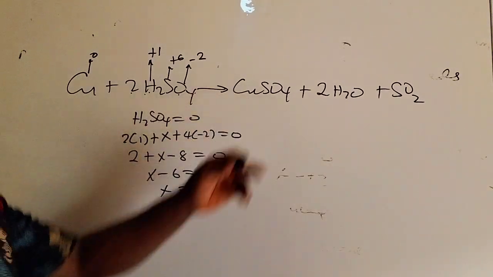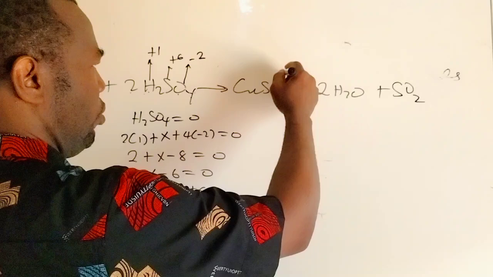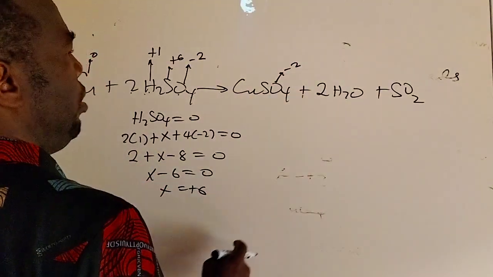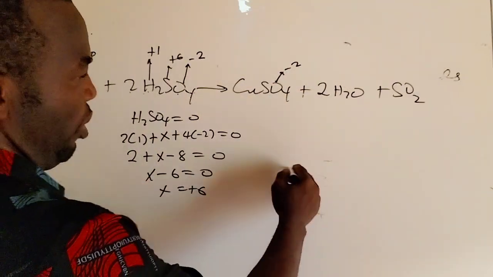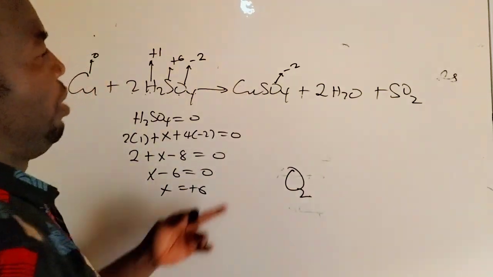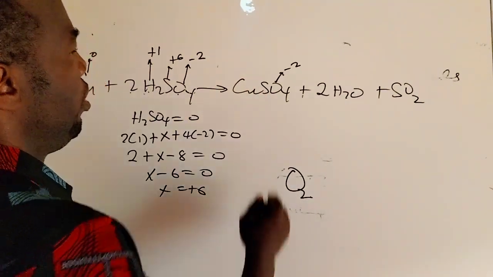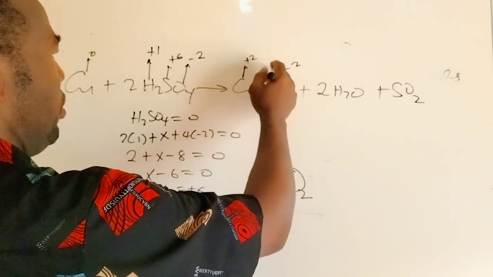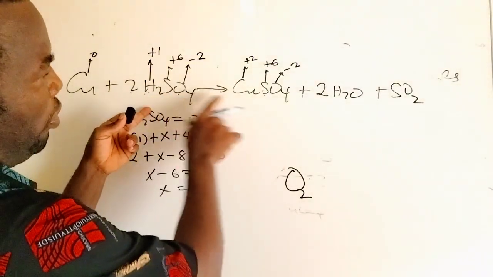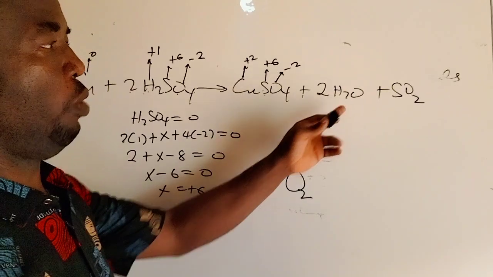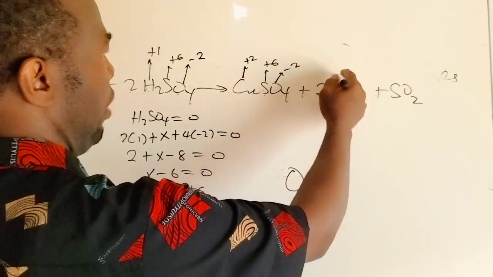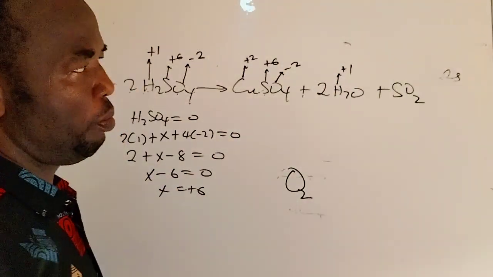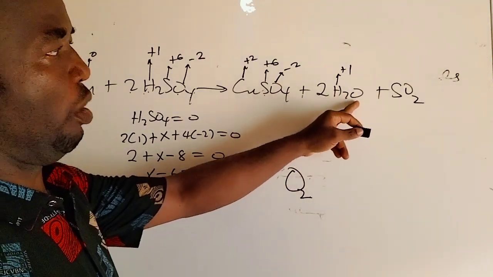Coming to this one now, oxygen is minus 2 in compounds, unless it's on its own. When it's a free molecule on its own, we take it as 0. But in a compound, it must have an oxidation state. Copper is 2. Then in SO4, sulfur is plus 6, the same thing here, SO4 plus 6. Coming to this one, hydrogen is 1, good, because it's the first element combined with a non-metal.